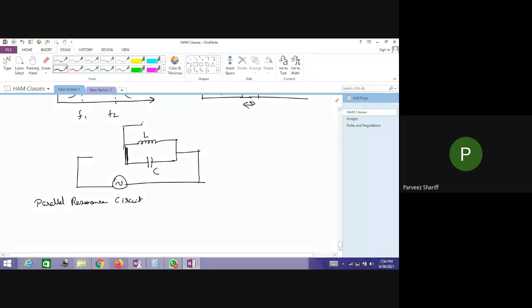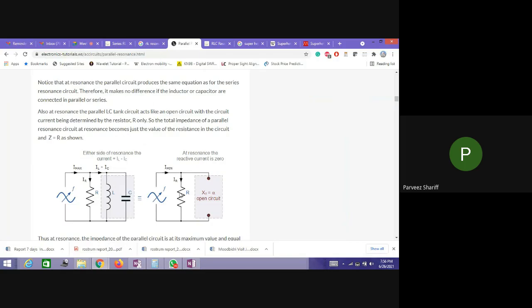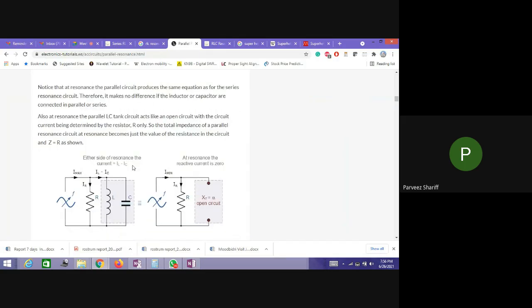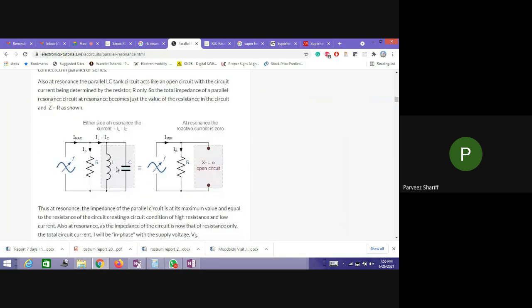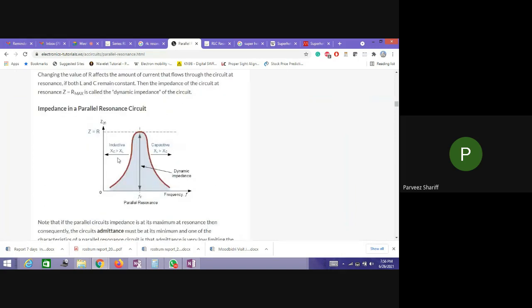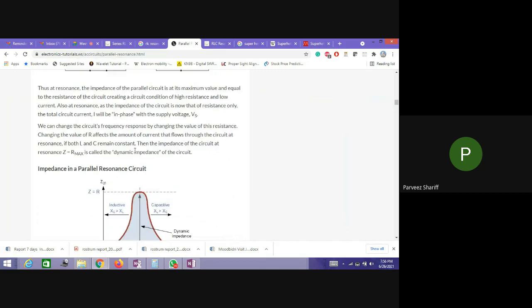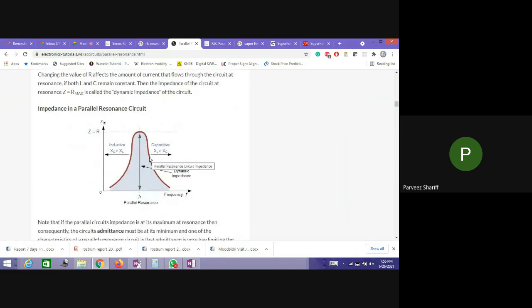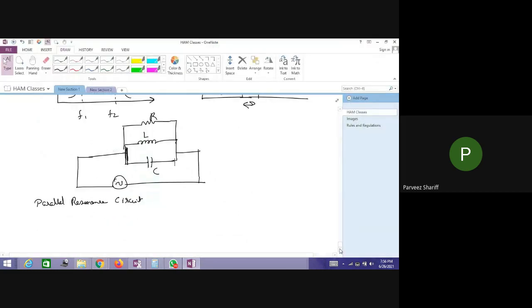So let me take the resistance in parallel. I'll connect this here. It's fine. So at the resonance condition, the inductance and capacitance act like an open circuit, and in the parallel resonance circuit, the impedance will be maximum.